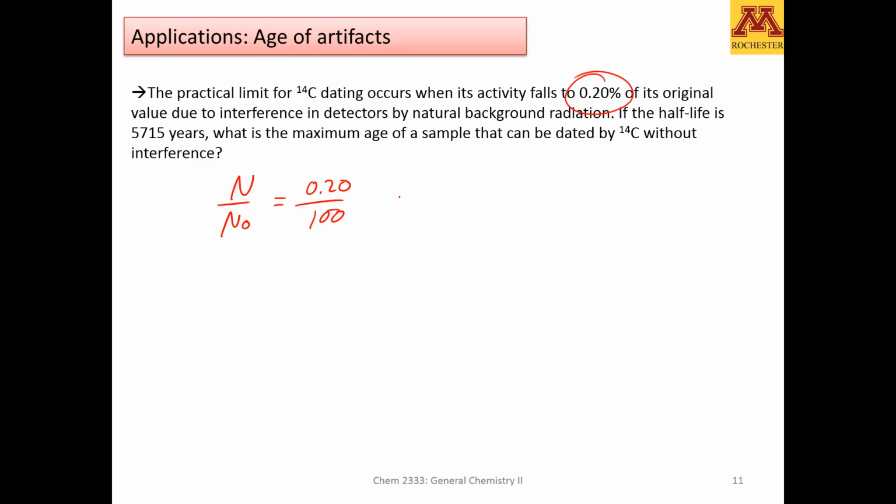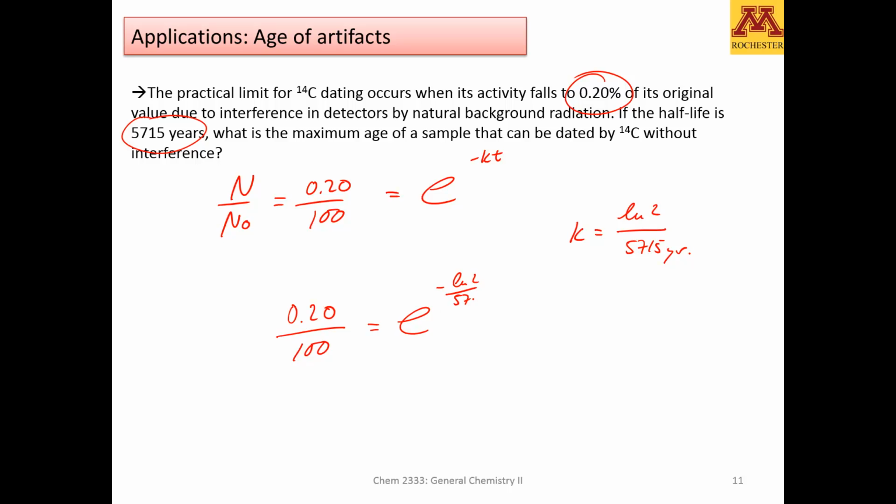Notice that this will be minus kt, and k is related to the half-life. We're giving here the half-life, so this is the logarithm of 2 divided by the half-life, which is 5,715 years. Okay, so if our limit is this much, what is the time? The time will be, this is minus logarithm of 2 divided by 5715 times t.